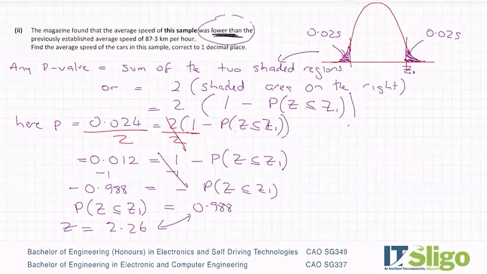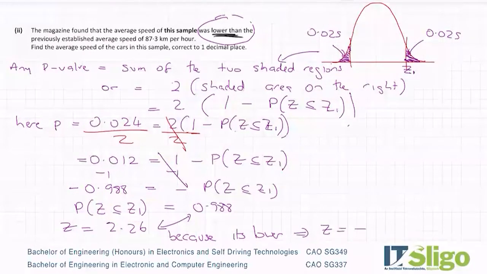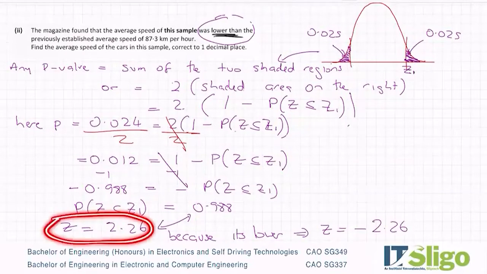Right, the mean has shifted down. Because it's lower, I know it's the bottom half of the graph that I'm looking at, because that's where it's shifted. So therefore Z is equal to minus 2.26. So you can only ever look up the positive one, but you have to consider it could be the negative one.